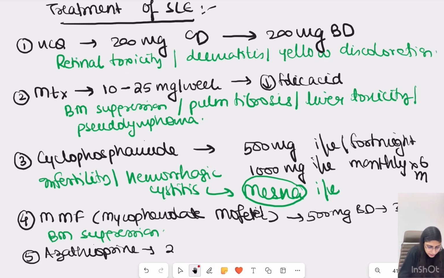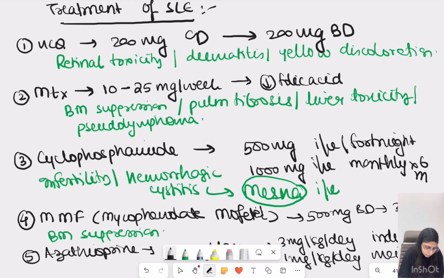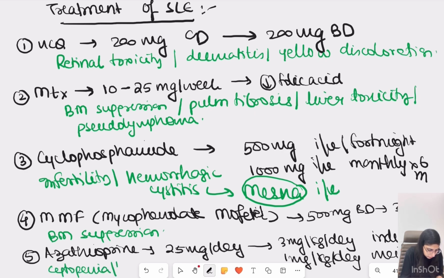So azathioprine, we start with the dose 25 milligram once a day, and the maximum dose that we can go up to is 3 milligram per kg per day for induction and 1 milligram per kg per day for maintenance. So for a normal 50 kg individual, we can go up to 150 milligram if we are giving induction. We can go up to 50 milligram in a day if we are talking about maintenance. Again, immunosuppression and cytopenias, and also liver. It affects liver, it affects the blood cells.